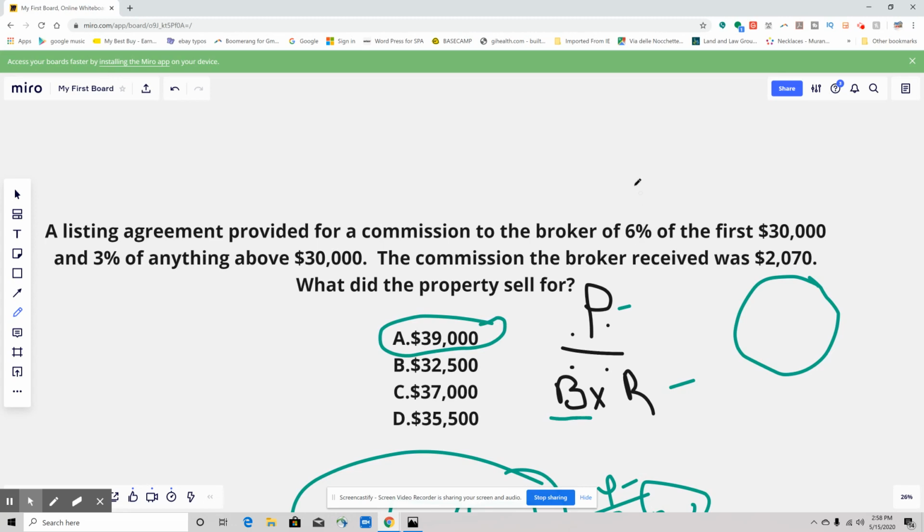And what we did was we took what we knew, 6% of the first 30,000, and we subtracted that from the commission to isolate what we didn't know at the 3% above the rest of it. And then we just added this new piece of information to our known, and we got $39,000 as the answer.